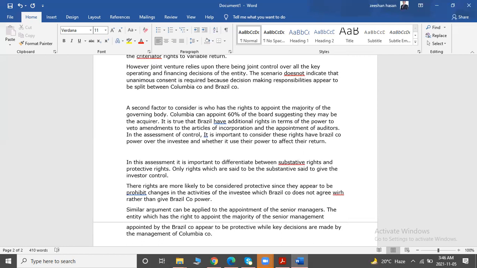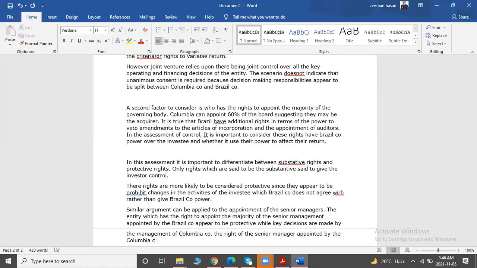The right to appoint senior managers by Columbia Company seems to be substantive, including vote approval of activities.